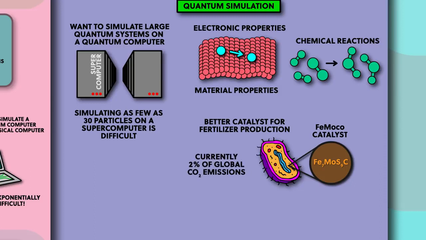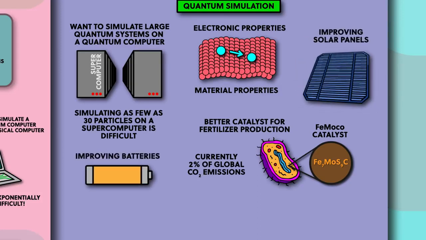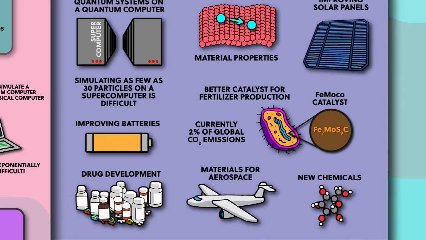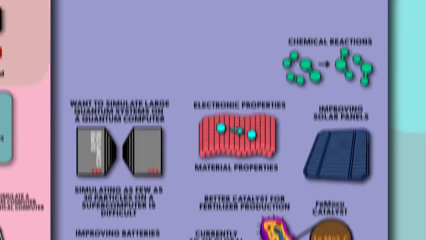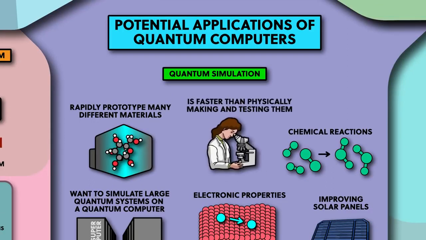Other potential applications of quantum simulation include improving solar panels, improving batteries, developing new drugs or chemicals, or materials for aerospace. In general, quantum simulation would mean that we'd be able to rapidly prototype many different materials inside a quantum computer and test all of their physical parameters, instead of having to physically make them and test them in a lab, which is a much more laborious and expensive process. This could be a lot faster and save a huge amount of time and money.